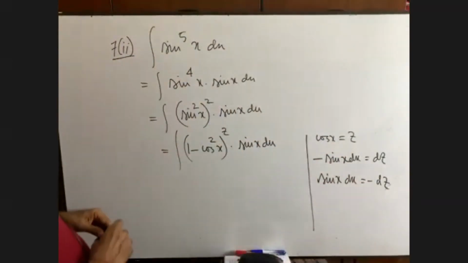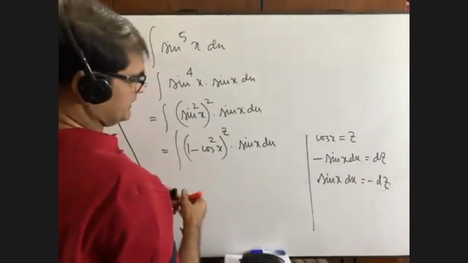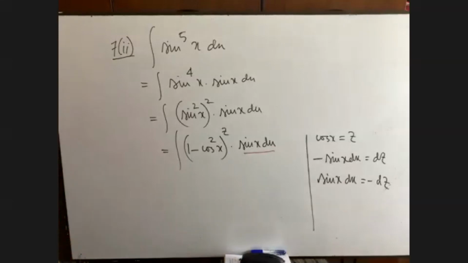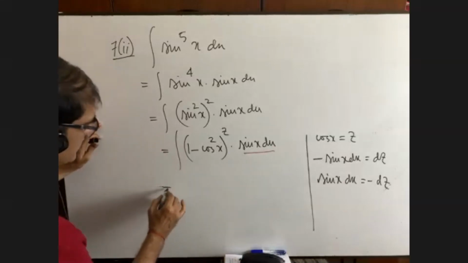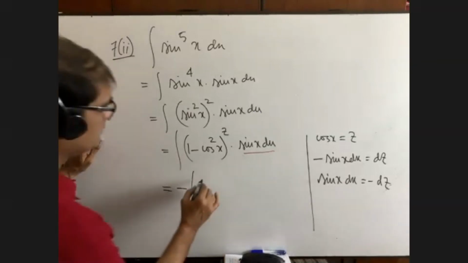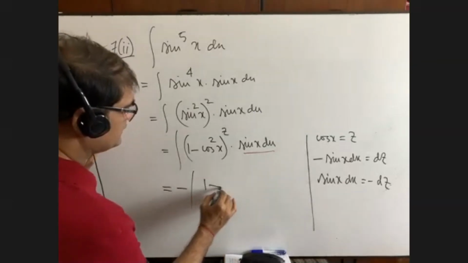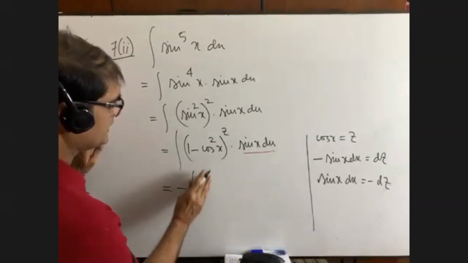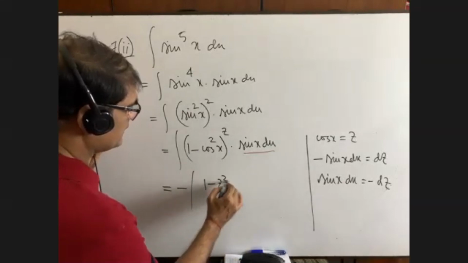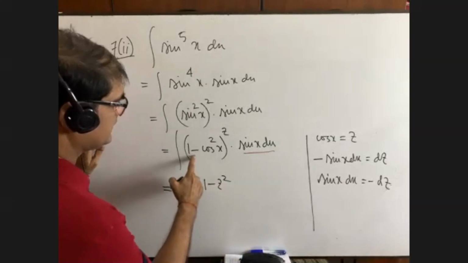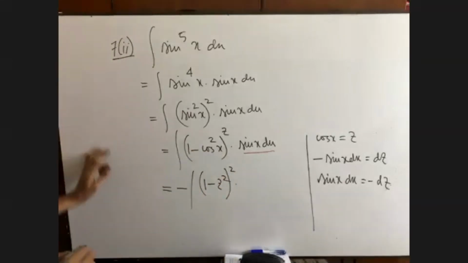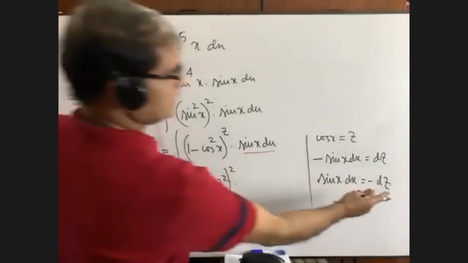So what is happening here? We have this value, sine x dx, that is minus dz. You see, that minus is to be written at first. 1 minus, what is cos square x? What is cos x? We have let it be z. So 1 minus z square, whole square, into its value, only dz.